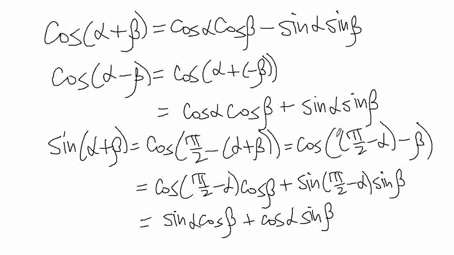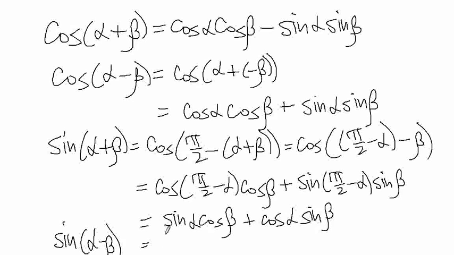And then to get the difference formula, I can use something similar to what I did to get the difference identity for cosine. So let's go ahead and do that. The sine of alpha minus beta. I'm going to interpret alpha minus beta as a sum, alpha plus the negation of beta.